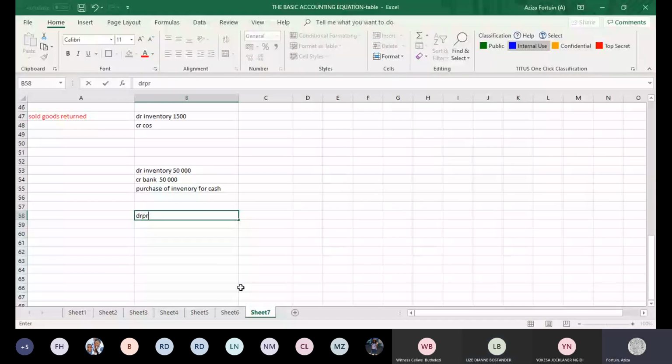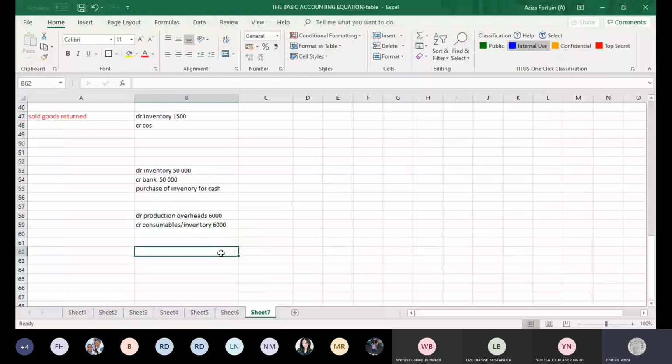So you are debiting my production overhead account, and you are saying I'm going to credit my consumables or my inventory. Yes. Where does this account lie? This production overhead, asset, income, expense, liability? So you're going to debit your expense account and credit your inventory or asset account.